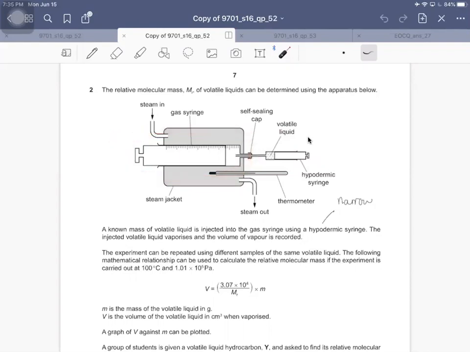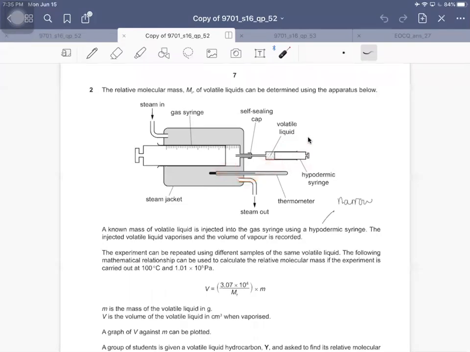Now, it is the same liquid, it's just a different state. In this hypodermic syringe, this is the cooler region of the setup, there will be a certain volume, a certain mass, we use mass. And then once you inject that liquid, when it goes into the gas syringe, it turns into a gas.